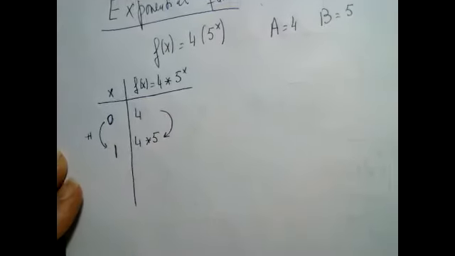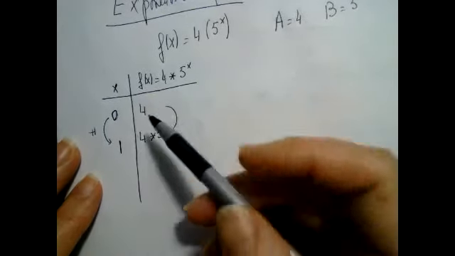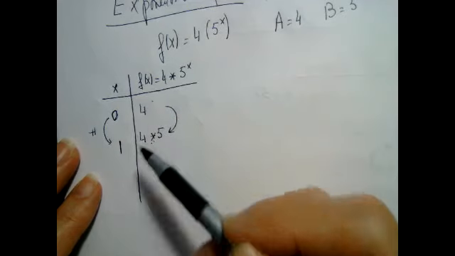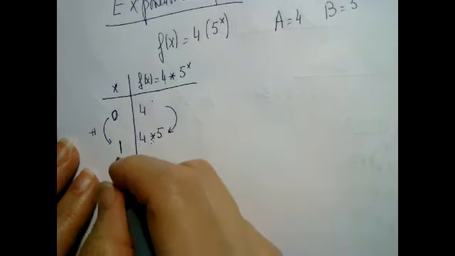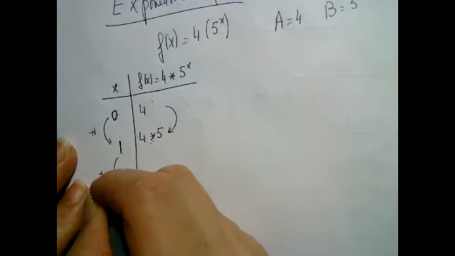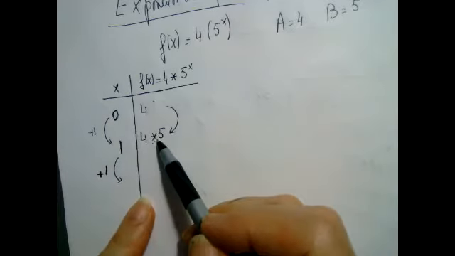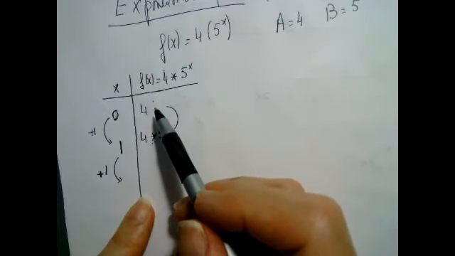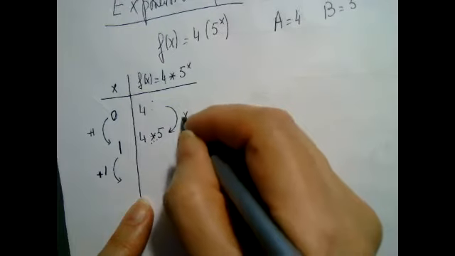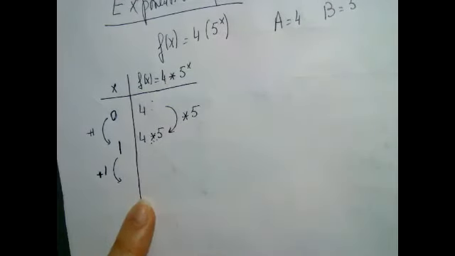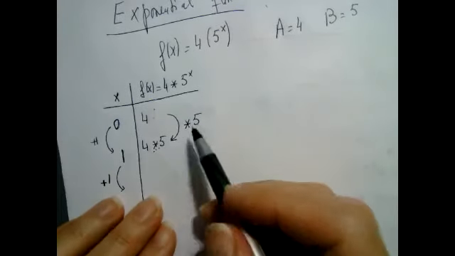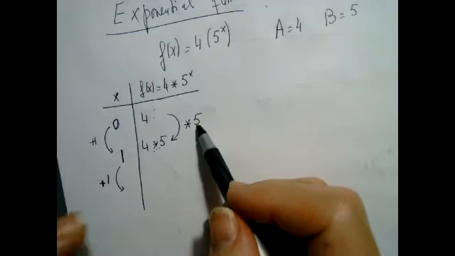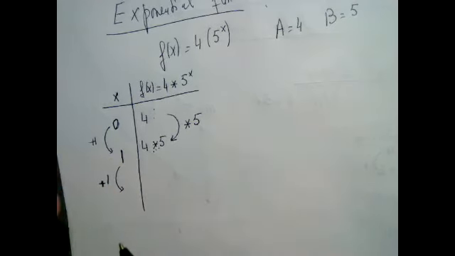What did we do from here to here? How can I get 4 times 5? We multiplied the output by 5. That's really why the word factor is used in the exponential. We're multiplying by a factor of 5.